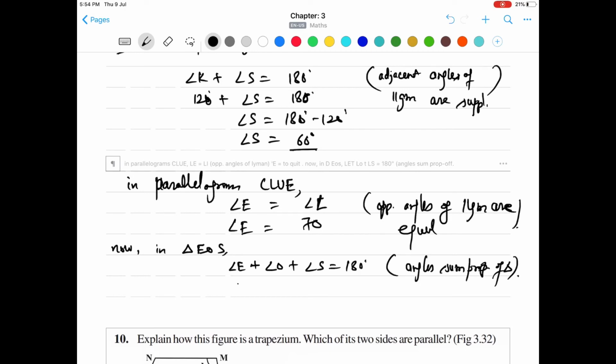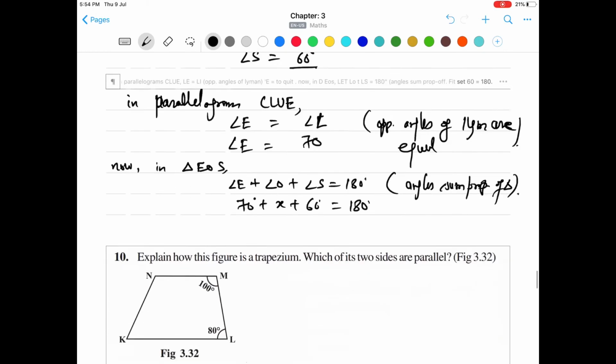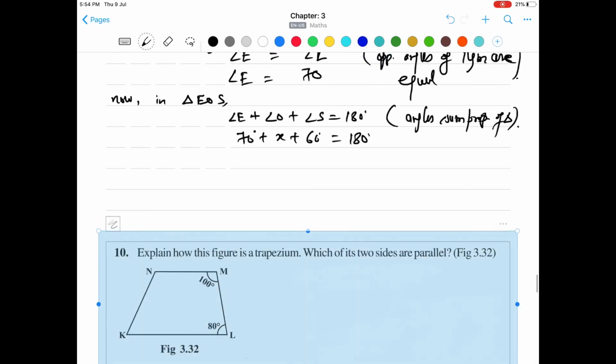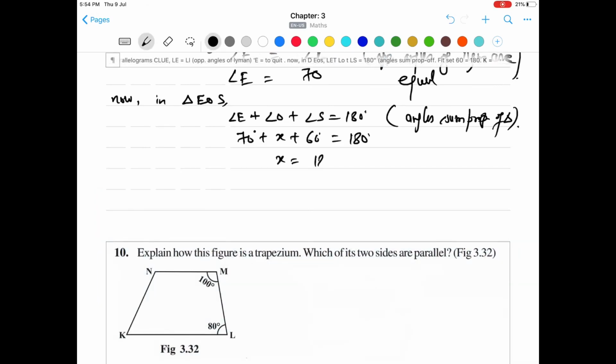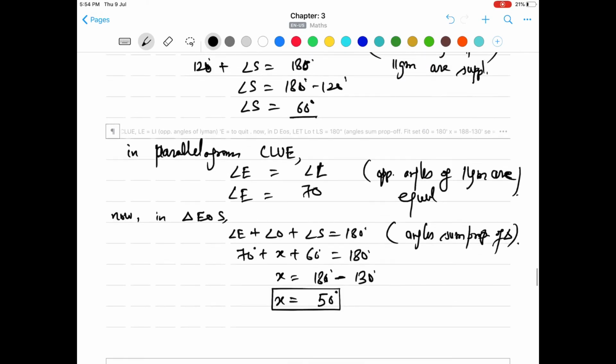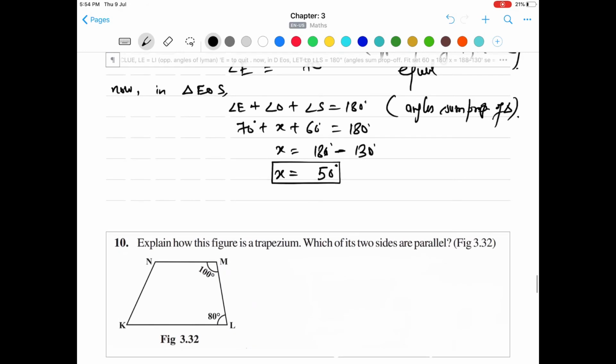Okay, angle E is 70 degrees, angle O is x, plus angle S is 60 degrees, equals 180 degrees. Therefore this x will be equal to 180 degrees, and the 70 plus 60 will be 130, and this will become minus 130. So the value of x is equal to 180 minus 130, which is 50 degrees. So the value of x is equal to 50 degrees.